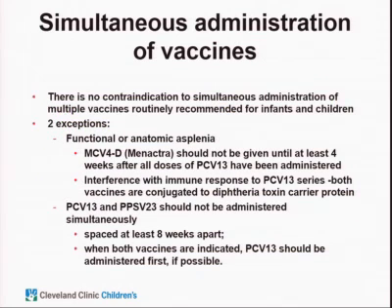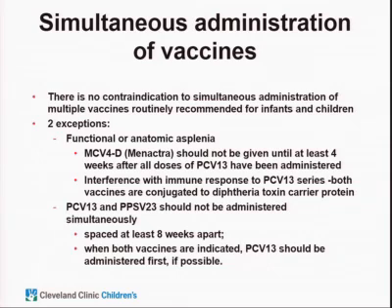So the two exceptions for killed vaccines are the immune response to Menactra, which is MCV4D, because it carries a diphtheria toxin carrier protein. That response can interfere with PCV13. So it should not be given until at least 4 weeks after all doses of PCV13 have been administered.